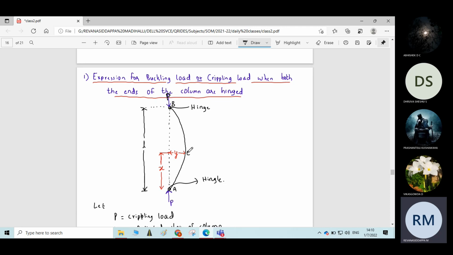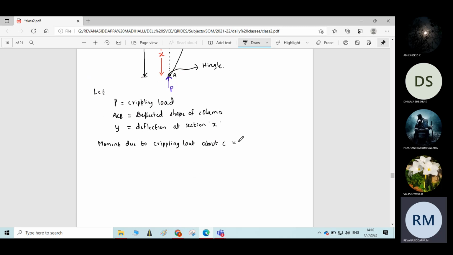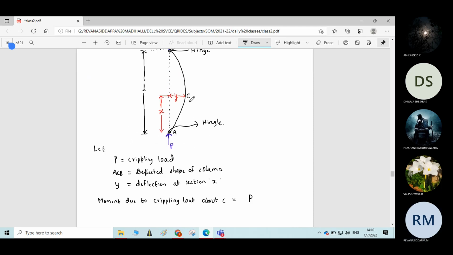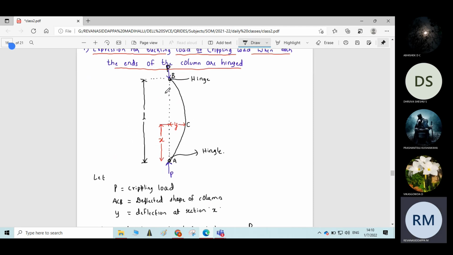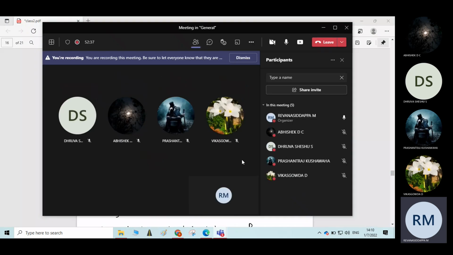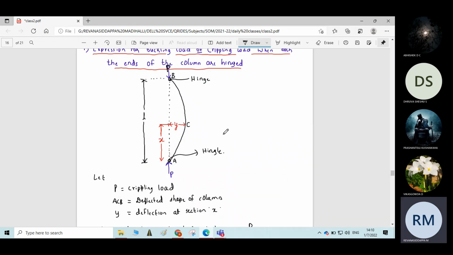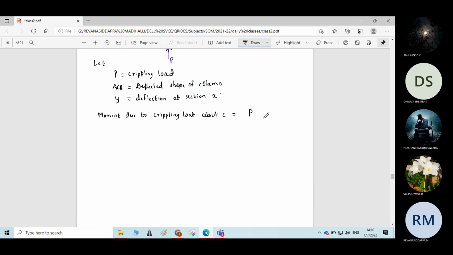Moment is force into perpendicular distance. Force is P. What is the perpendicular distance of point C from the line of action of force P? Can any one of you tell me what is the moment of force P about point C? P into perpendicular distance is how much?